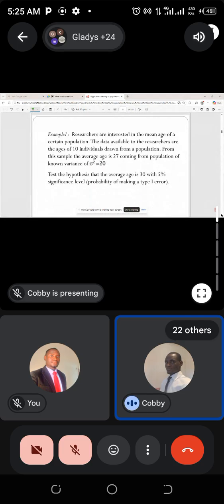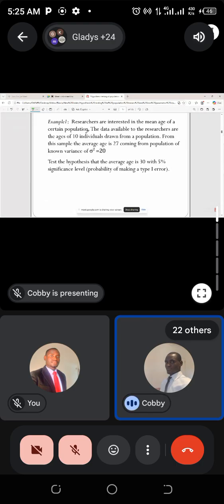We have this example which says researchers are interested in the mean age of a certain population. So the data available to the researchers are the ages of 10 individuals. So we mark this one. We have 10 individuals drawn from a population. From this sample, the average age is 27. Okay.